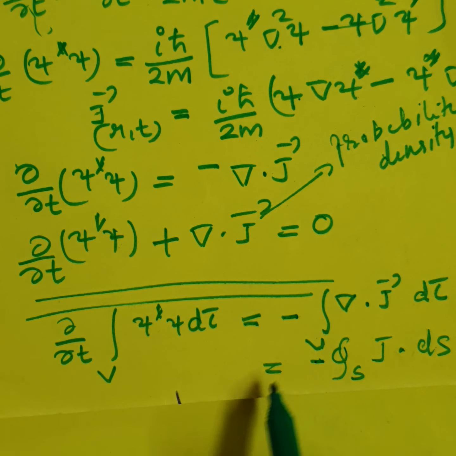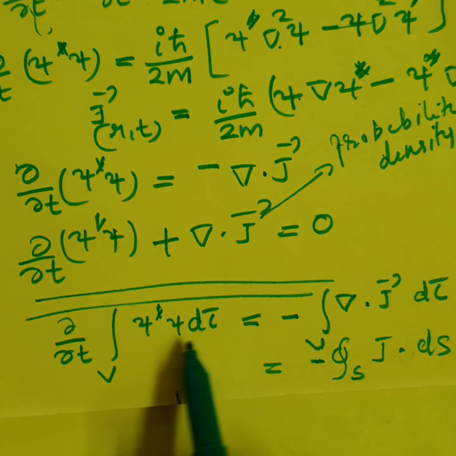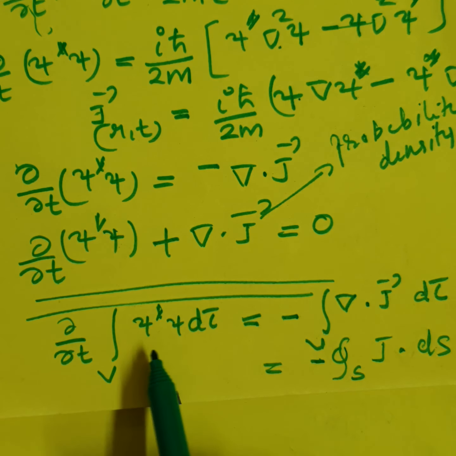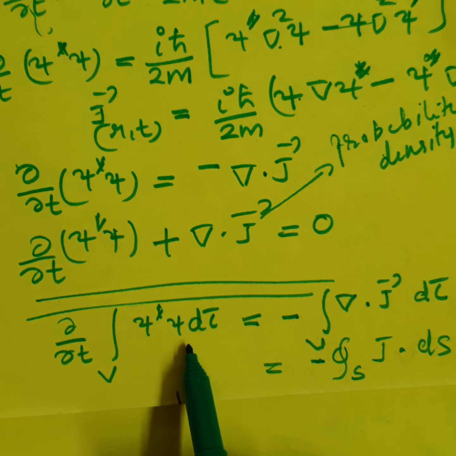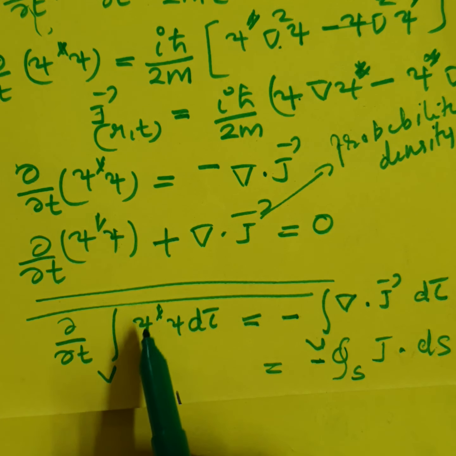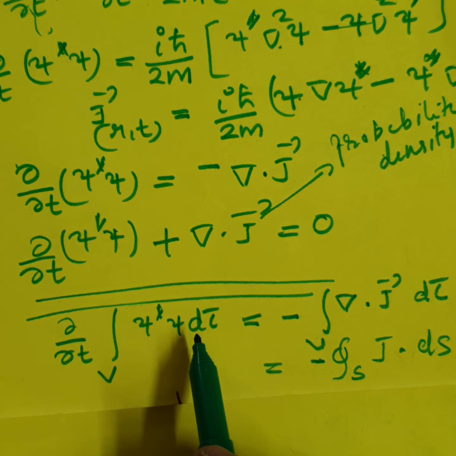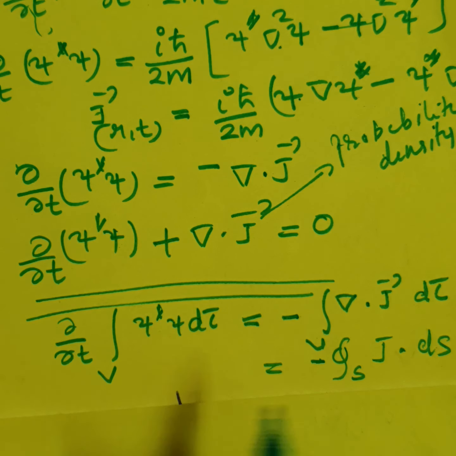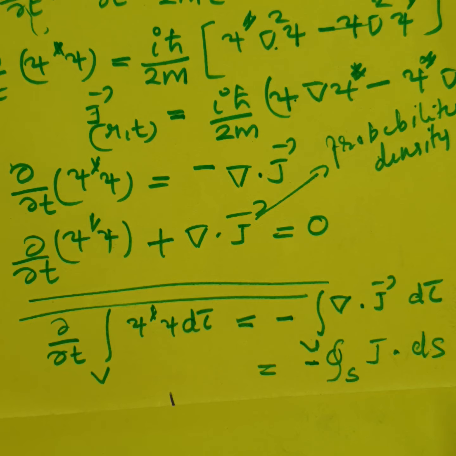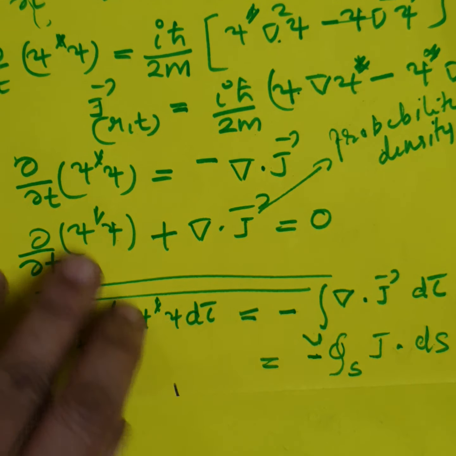So this equation shows the conservation of probability, because psi star psi dτ is the probability density.